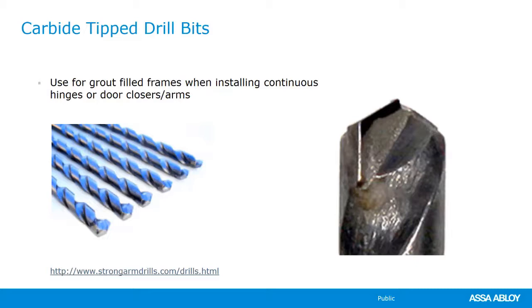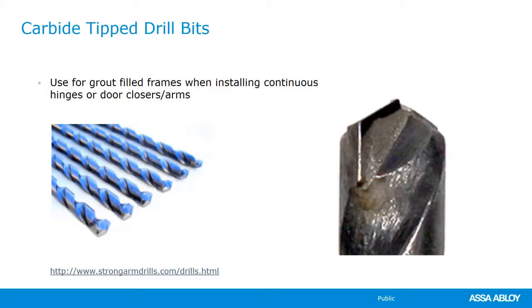And then right behind that is going to be that grout, that essentially cement that's back behind there. You can use these carbide bits to clean that hole out, and then go up to your regular size that you're going to be drilling. And if you have to drill and tap, you can do that as well. But these are definitely necessary.